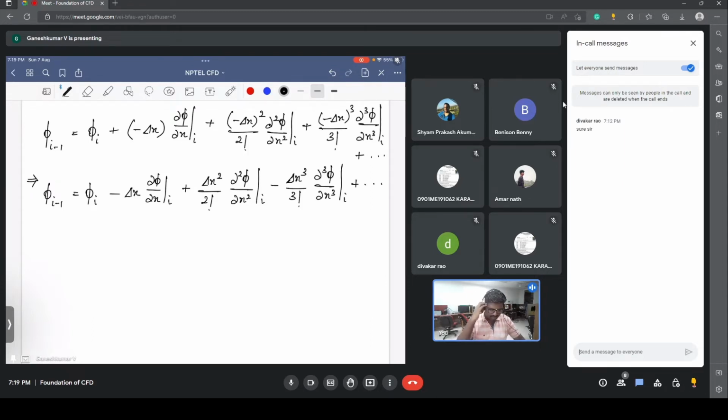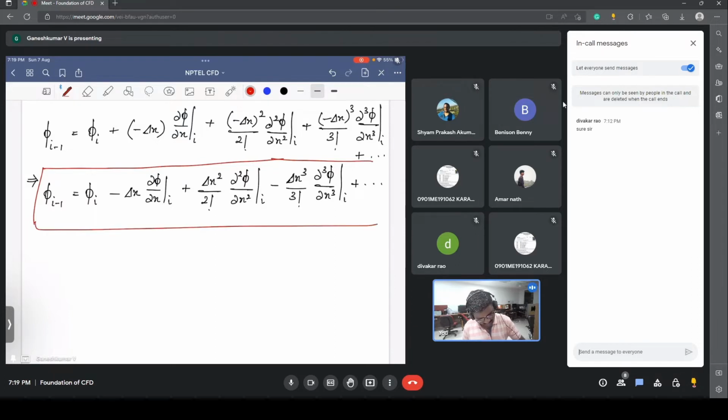So you can see that this will be an approximation for phi I minus 1, knowing that phi I and dou phi by dou x and all the derivatives at I we know.